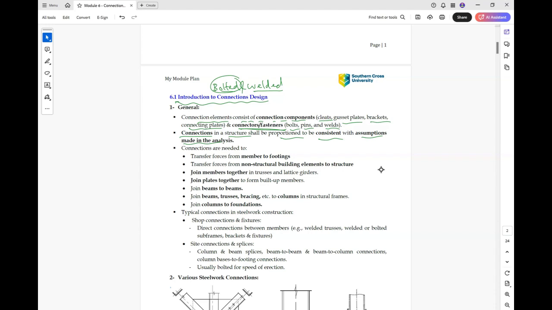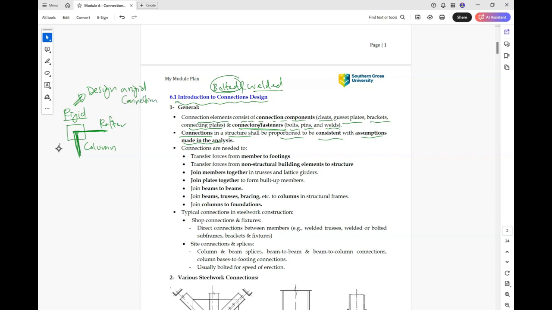So when you design the connection, it needs to be consistent with the assumption. For example, if you are designing a frame, so you have a rafter and column. If you consider the connection between the column and rafter rigid, you need to design a rigid connection here.